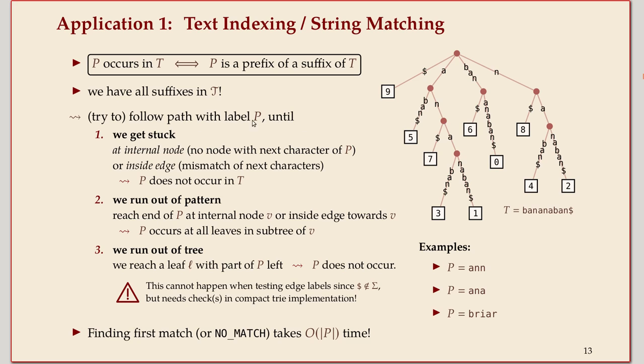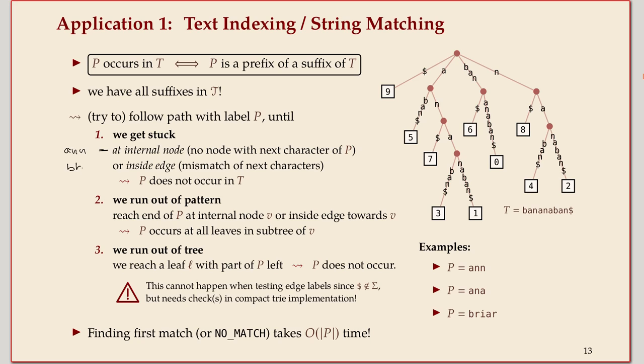So we follow a path with the label of our pattern until one of three things happens, and then we know what to do. The first case is we're stuck. We would like to follow with a character out of a node, but there's no edge of that character. That's the case for n. It could also happen that we're inside of an edge.